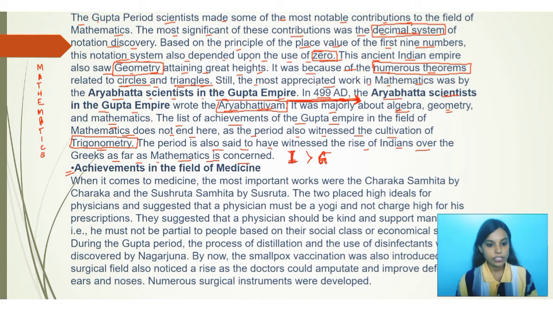Next, achievements in the field of medicine. We have talked about astronomy and advancements in the field of mathematics. Now we are going to know about the advancements in the field of medicine. When it comes to medicine, the most important works were the Charaka Samhita by Charaka and the Shushruta Samhita by Shushruta.